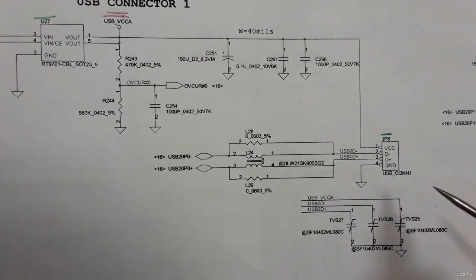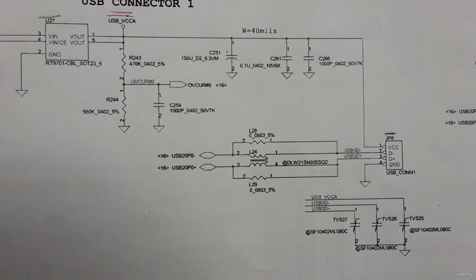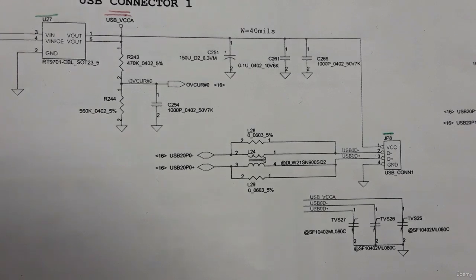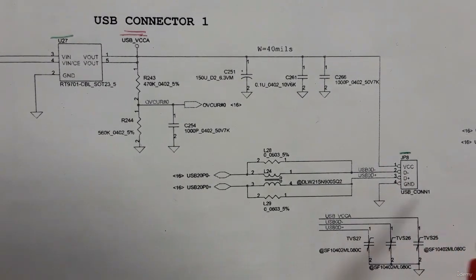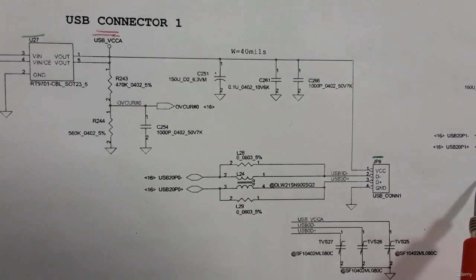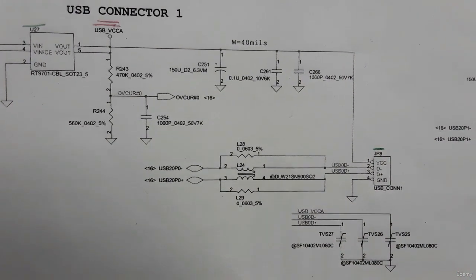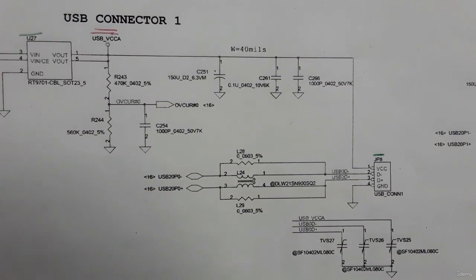Because we connect sensitive devices to the USB port, like for example the smartphone or other small sensitive devices. So the 5 volt that this USB gives to devices should be a DC voltage and a very pure and filtered voltage.